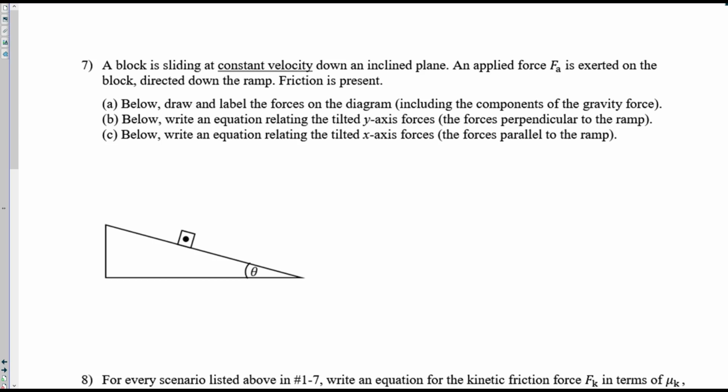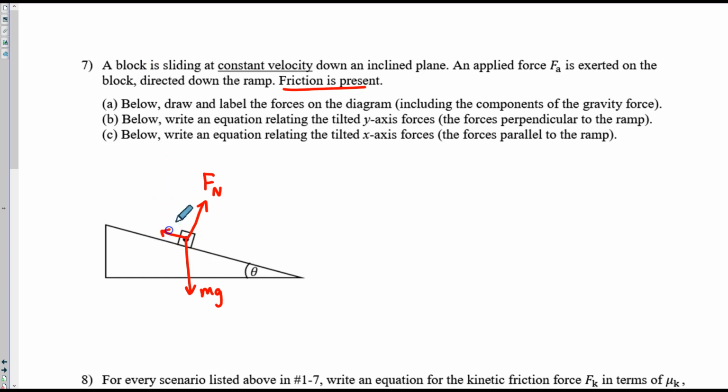Number 7. Looks like I didn't get to this one to draw. We've got mg pulling down. Fn is always there as well. It's constant velocity. Friction is present. So if the thing is going this way, friction is opposite.